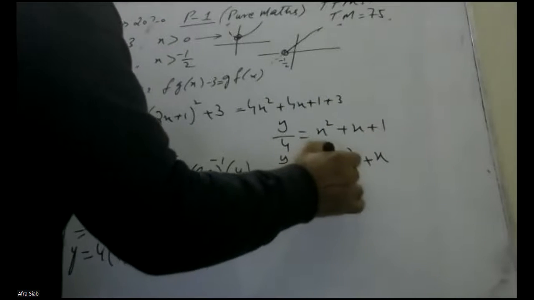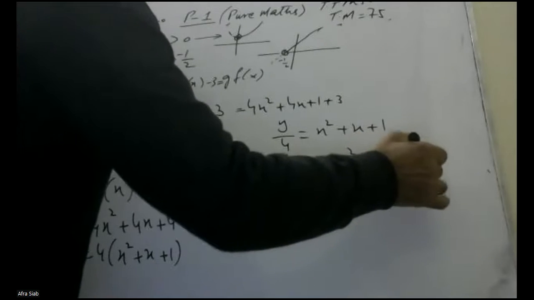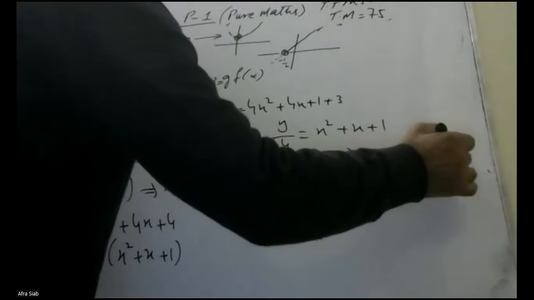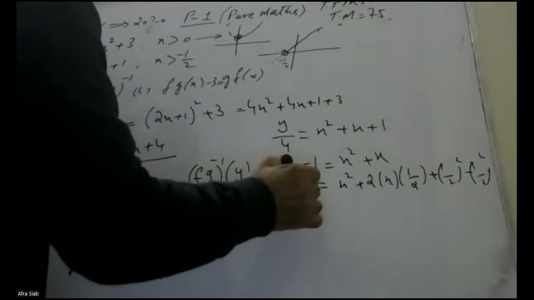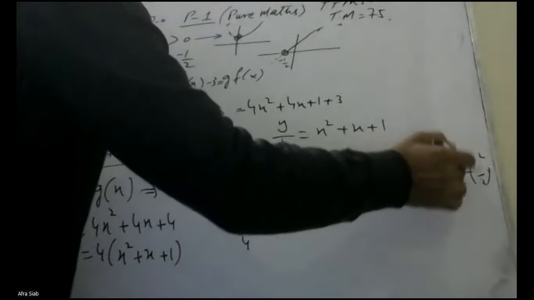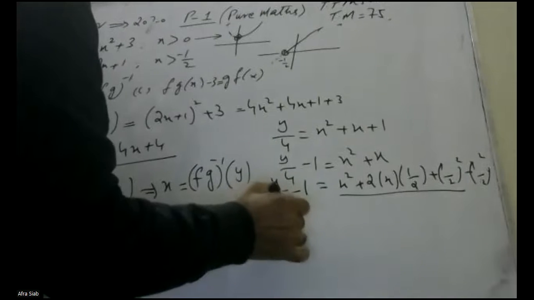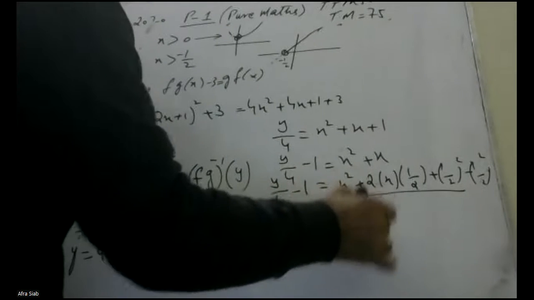Then it should be equal to x square plus x by completing the square, adding half square minus half square. And that is equal to what? Y over 4 minus 1. Up till here, it is y over 4 minus 1. This minus 1 over 2 whole square will become plus 1 over 4. And that is equal to x plus 1 over 2 whole square.